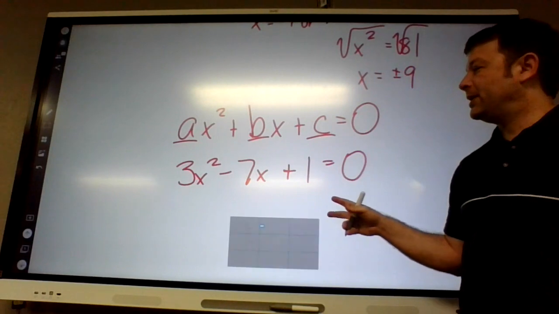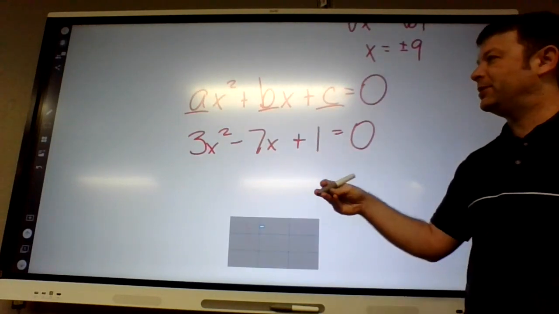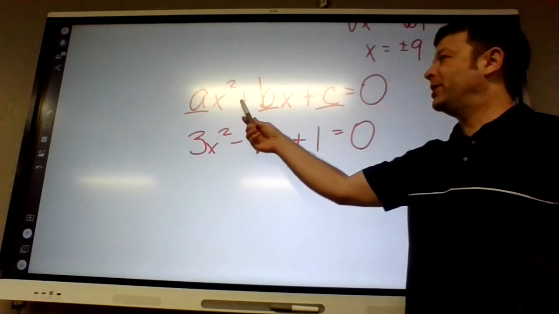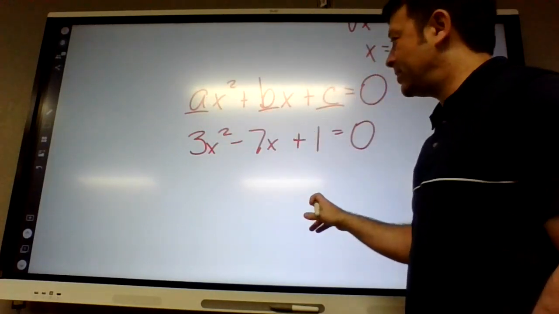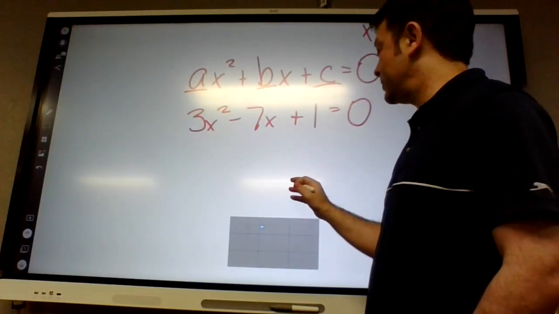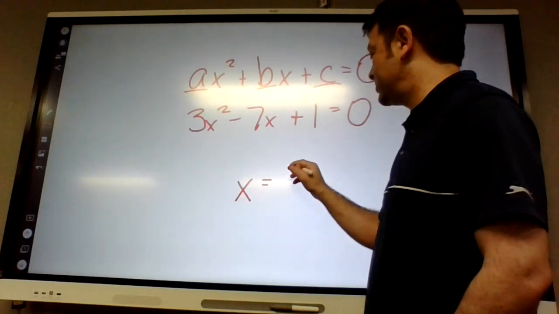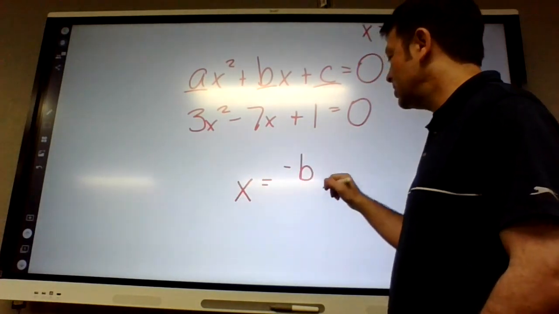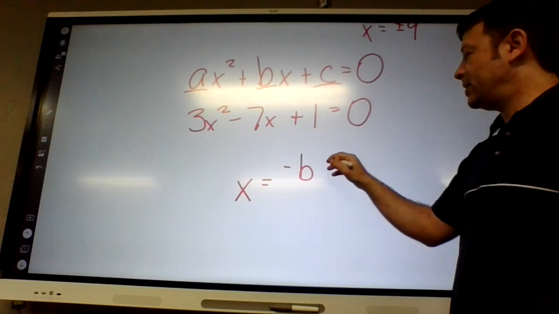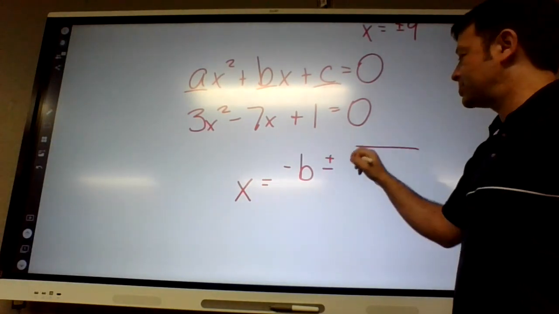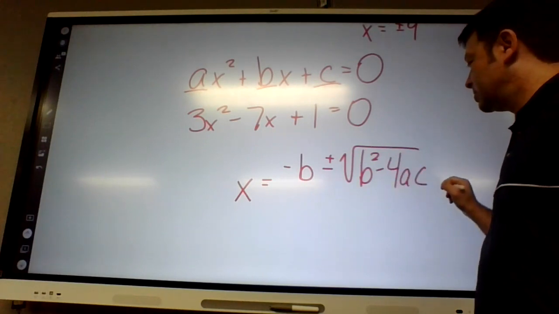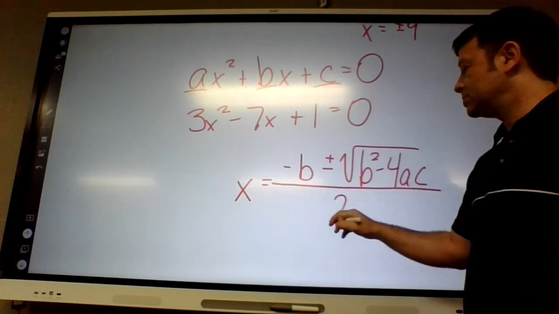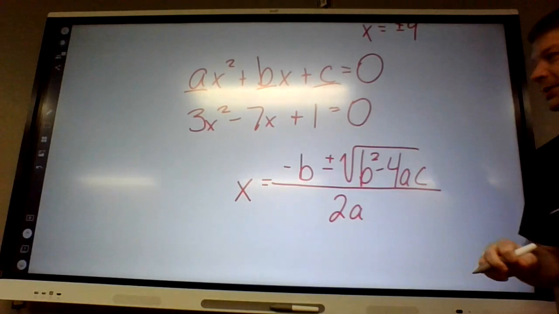So anyway, it turns out if you do completing the square on this, just like with the a, b, and c, you get a formula that works every time. And this is what it comes out to be. X is equal to -b plus or minus the square root of b squared minus 4ac all over 2a.